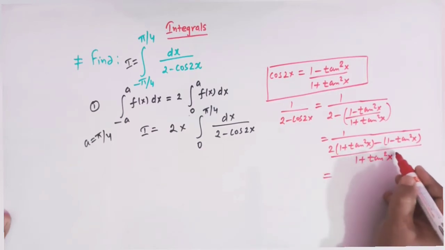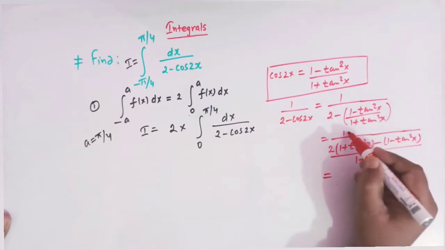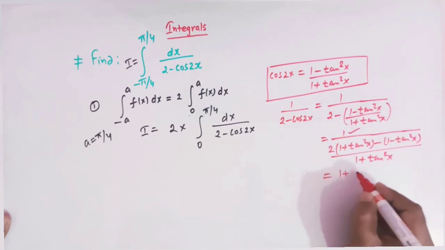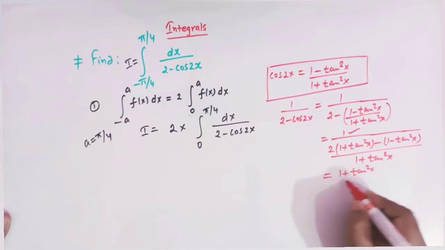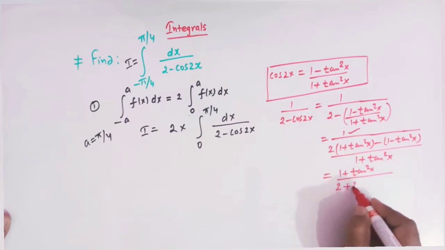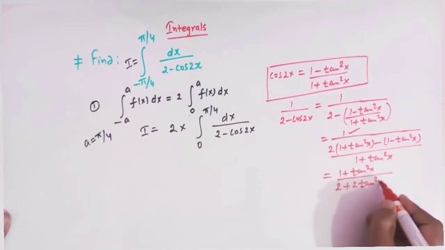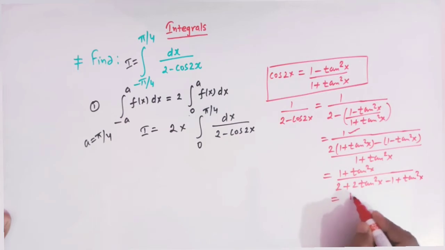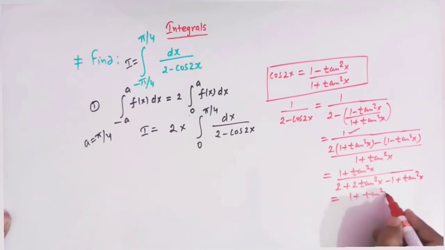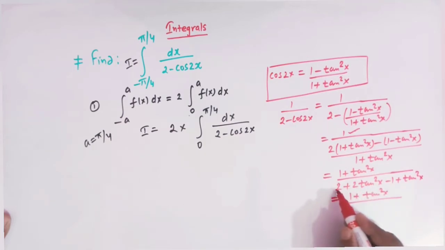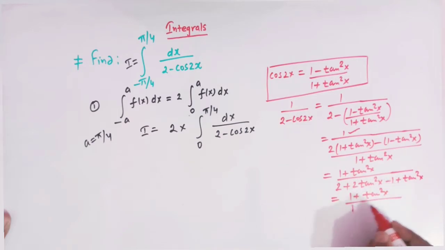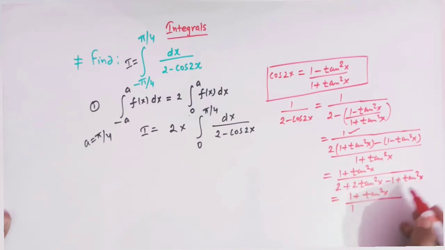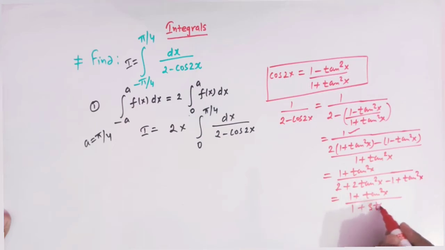Now if we take this term to the numerator, we get 1 plus tan square x divided by 2 plus 2 tan square x minus 1 plus tan square x. So we have 1 plus tan square x divided by 2 minus 1 is 1, and 2 tan square x plus tan square x is 3 tan square x.